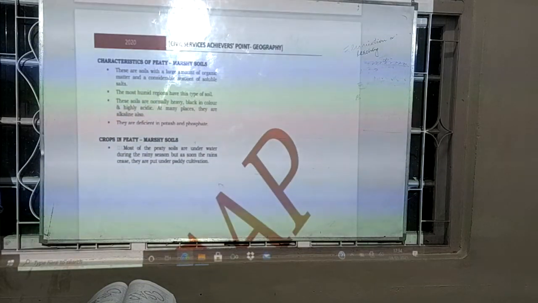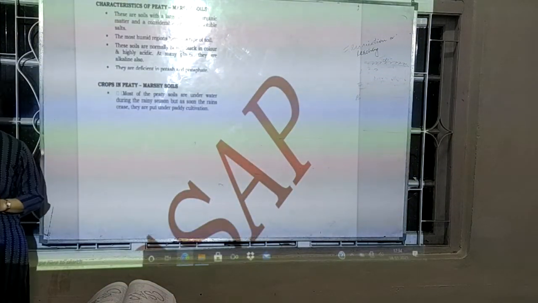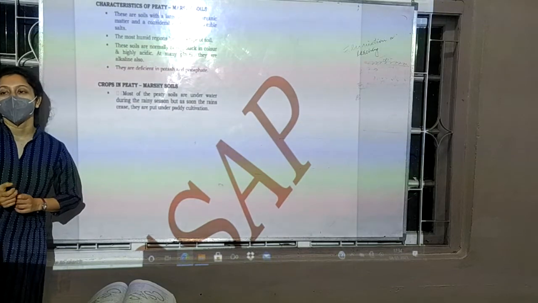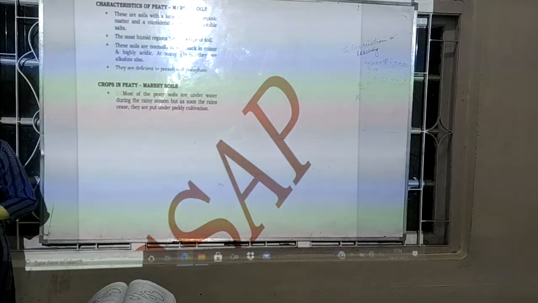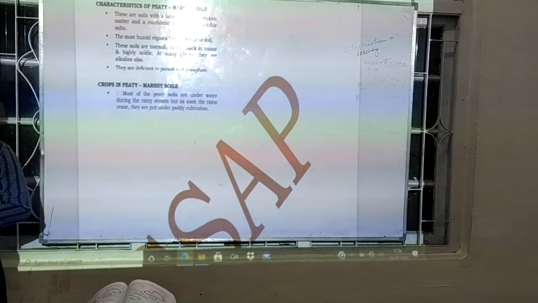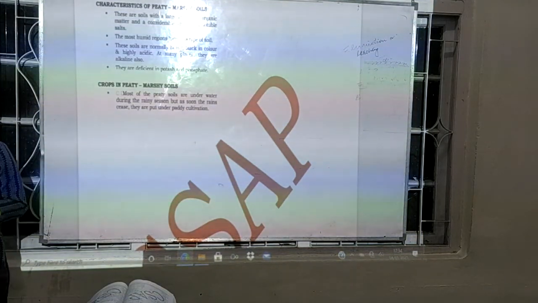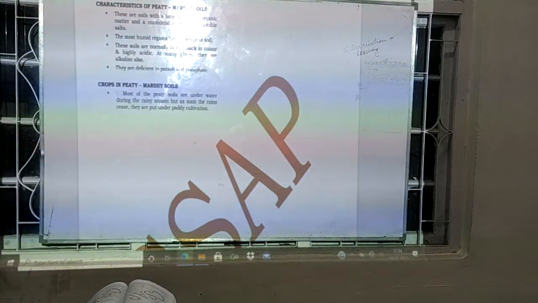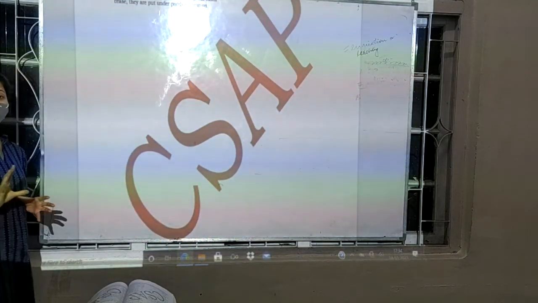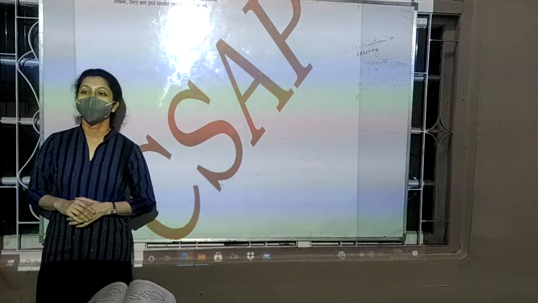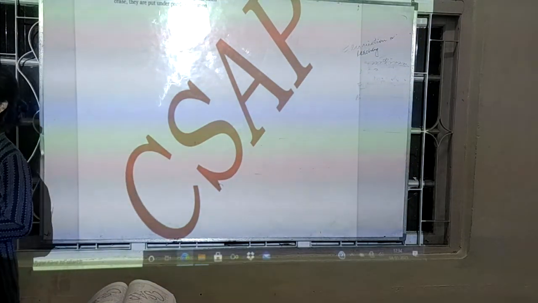What is the characteristic of peaty marshy soils? High organic content, humid regions, heavy, dark color. Some of these can be used for paddy cultivation.